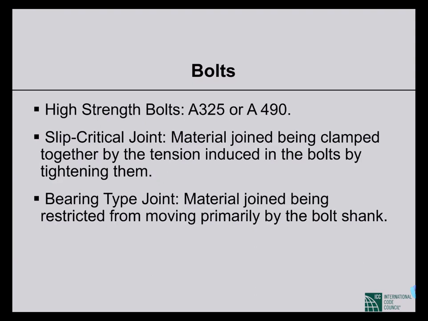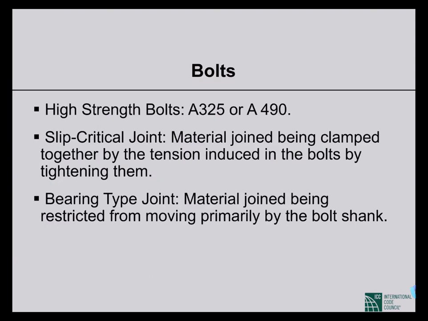Now, this is important. Slip critical joint, where we get the strength through the friction of the two materials when they are clamped together very tightly. And it is very important to have a good surface of the base metals to have this slip critical joint. So the surface preparation is very important.